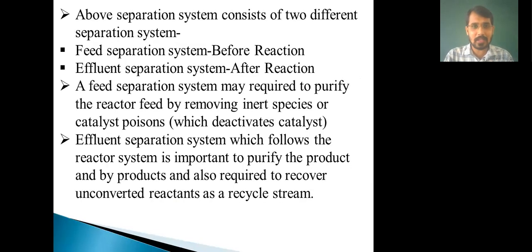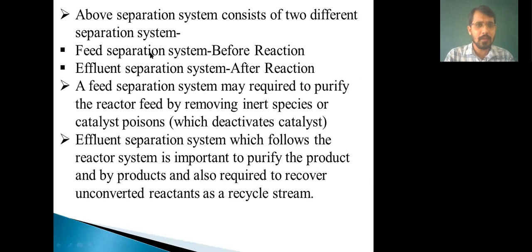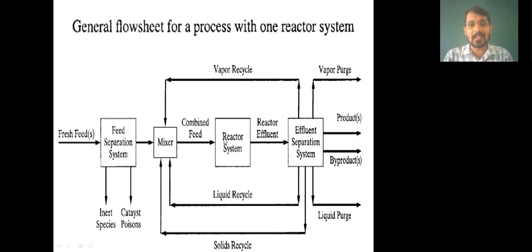So you can see here on the screen, in the above diagram which we have seen in the previous slide, the separation system consists of two different separation systems. Means the feed separation system and the second one is the effluent separation system. The first one is the feed separation system, which takes place before the reaction. Reaction takes place in this reactor system.